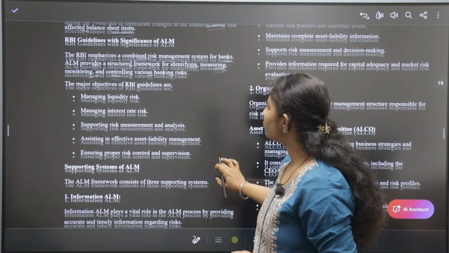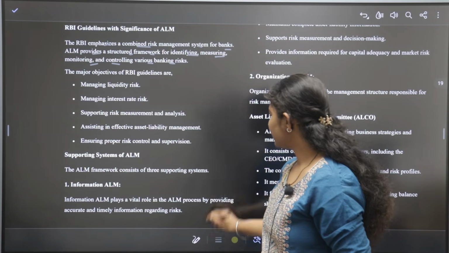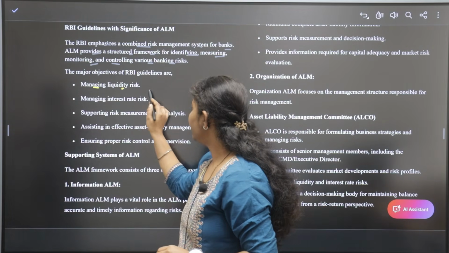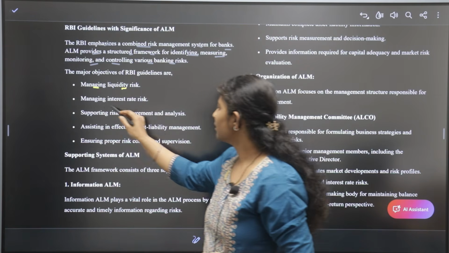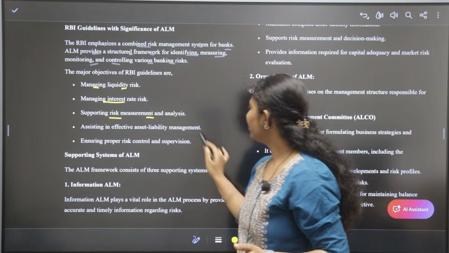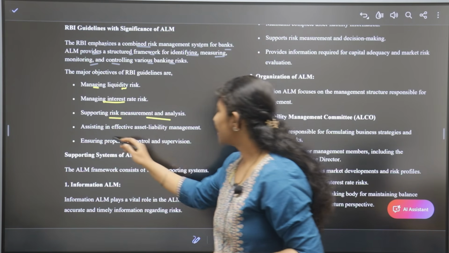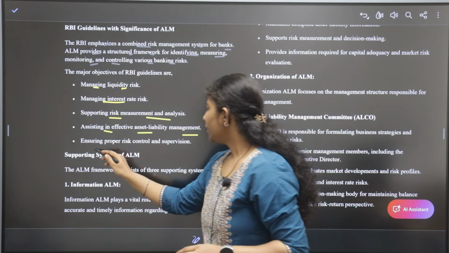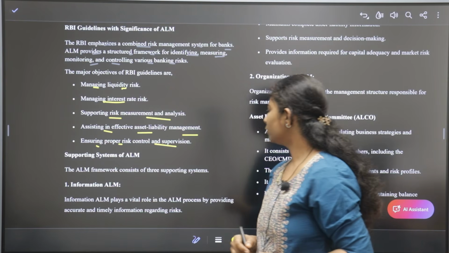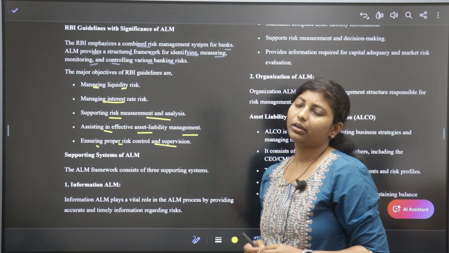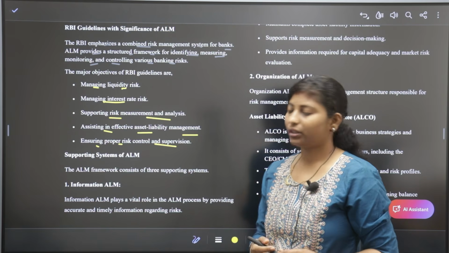The major objectives of the RBI guidelines on ALM are: managing liquidity risk, which we already know, managing interest rate risk, supporting risk measurement and analysis, assisting in effective asset liability management, and ensuring proper risk control and supervision. All these are the objectives RBI provides for ALM.